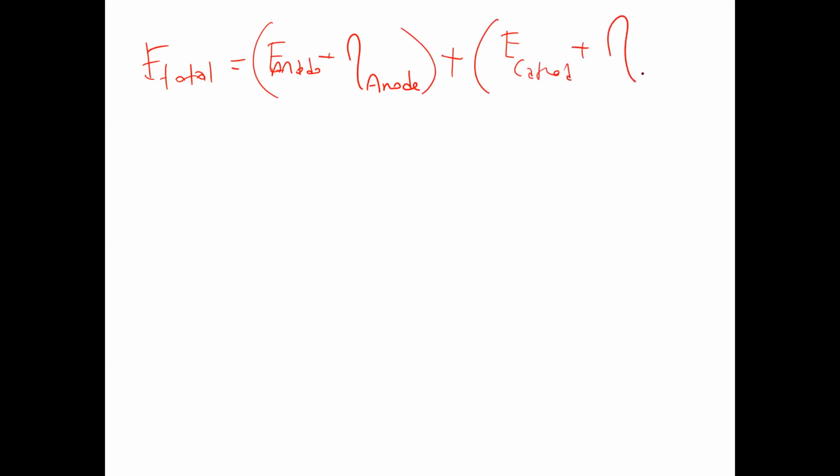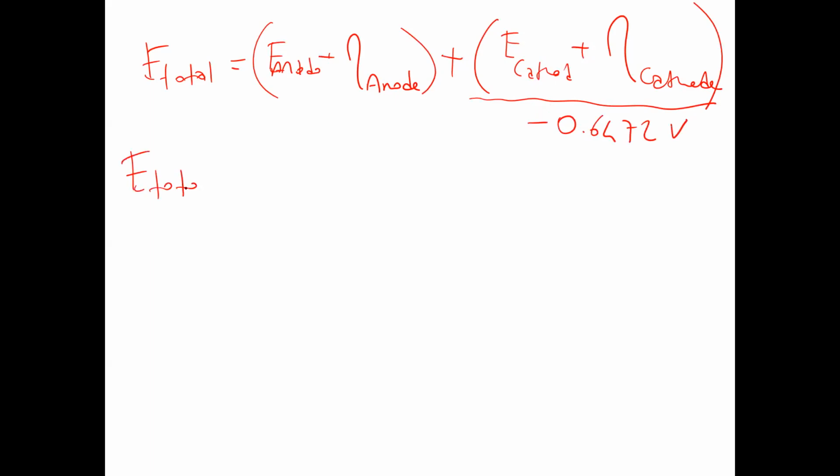E total is equal to E anode plus overpotential, plus E cathode plus overvoltage. We calculated this value in question number C, it is about minus 0.647 volt.